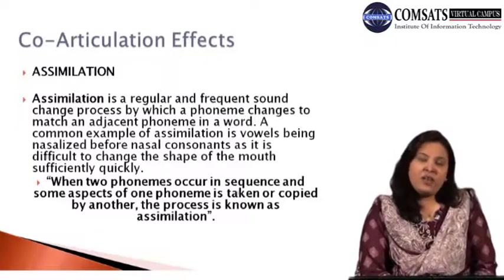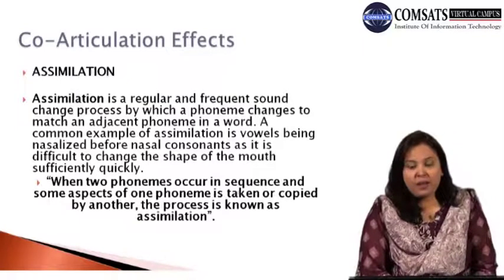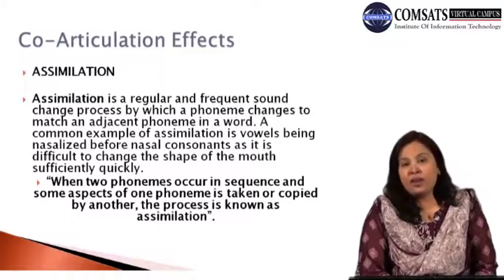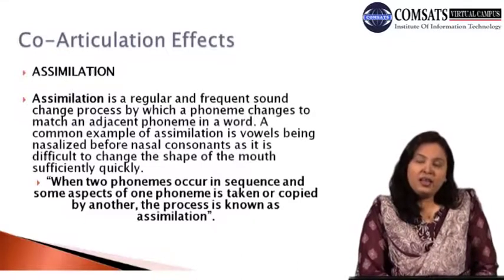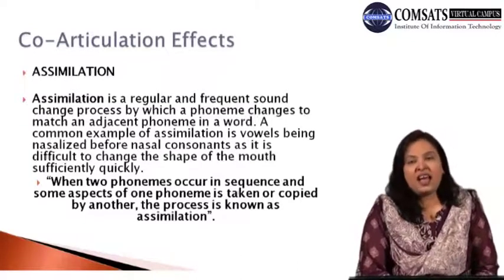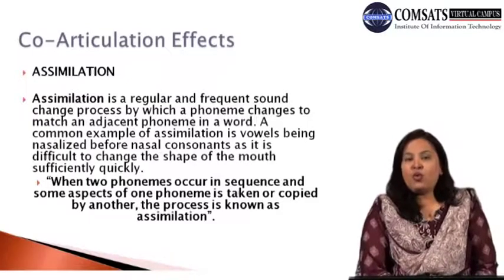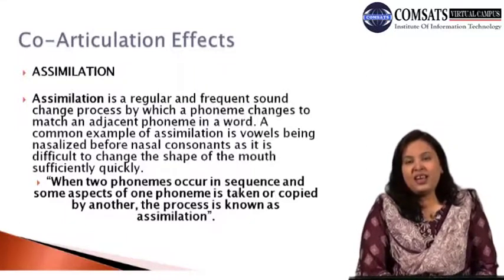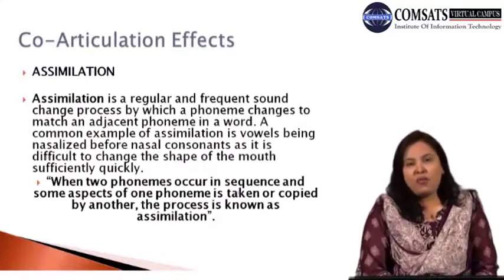A standard definition of assimilation is: when two phonemes occur in sequence and some aspect of one phoneme is taken or copied by another, the process is known as assimilation. That is, while producing one phoneme and quickly producing another phoneme, the production of the two phonemes gets somehow mixed or somehow affected.